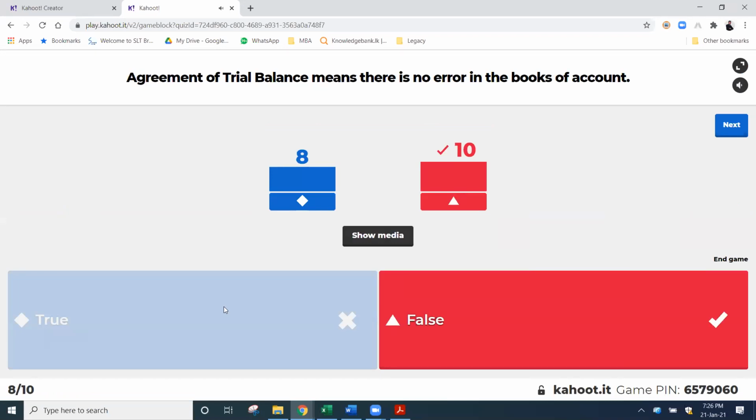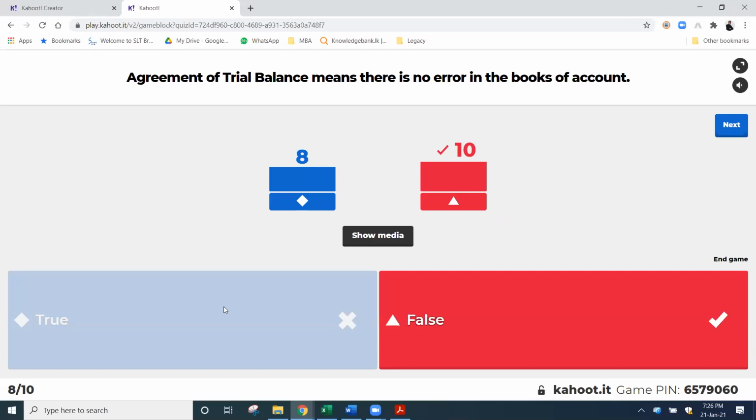Trial balance being equal doesn't confirm that there are no errors, because there are errors which do not affect the agreement of trial balance: errors of omission, errors of principle.